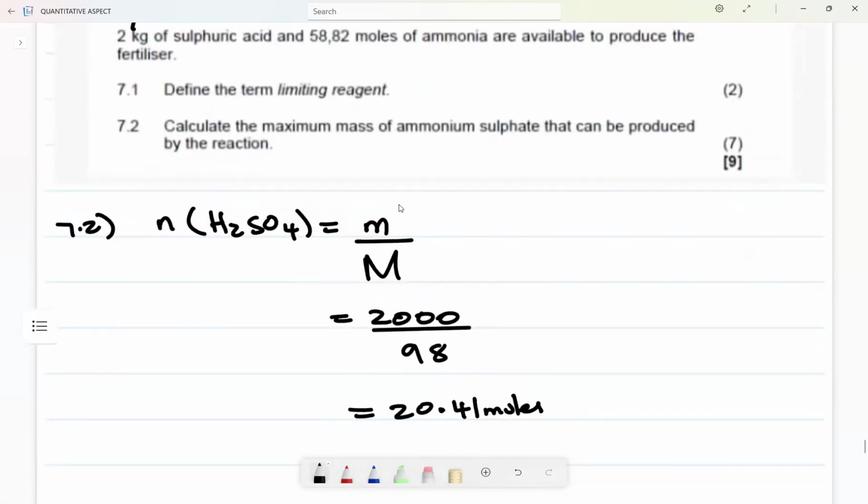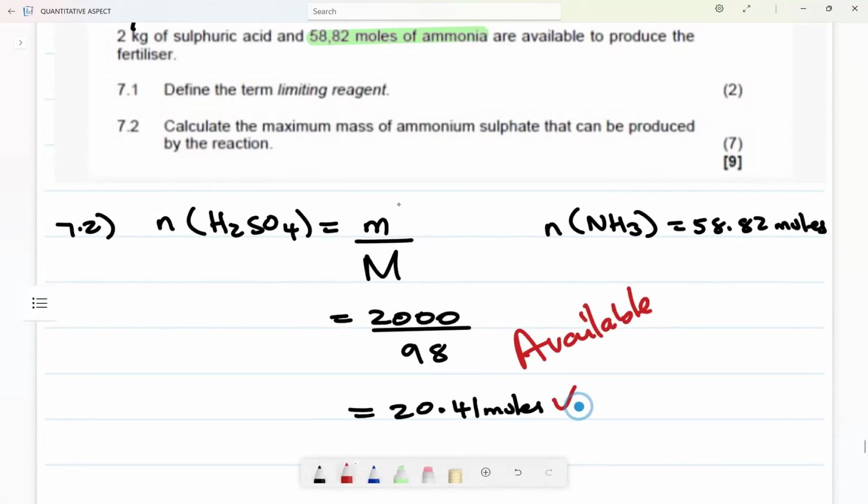But let's see the number of moles of ammonia. In this case, we are already given the number of moles of ammonia, so we just put it here to remind ourselves. It is going to be equal to 58.82 moles, right?